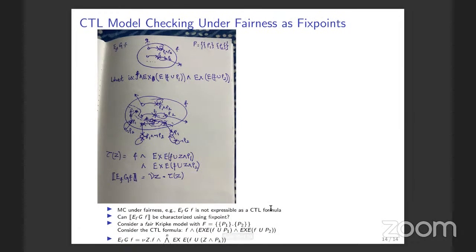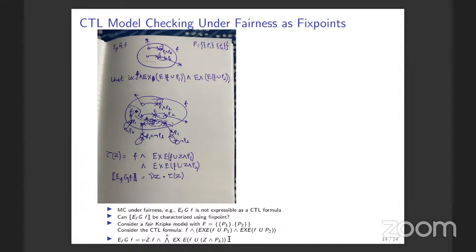So in general, if your fairness constraint had n fairness predicates, your fair EG can be expressed as a greatest fixed point of a tau, which is defined like this here, as shown here. You'll have one EX EU for every fairness constraint, corresponding to every fairness constraint.